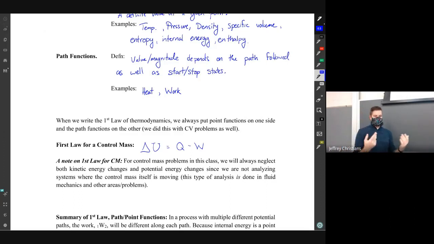We haven't done nuclear reactors, but if we wanted to model a nuclear reactor core, we would for sure have to take into account more than just change in internal energy, kinetic energy, and potential energy. You'd have to take in change in nuclear energy. If there was a chemical reaction, you would have to include chemical energy. If there's electrical energy, you have to take that into account.